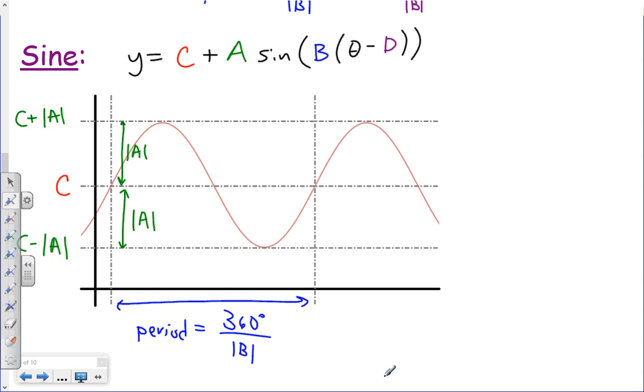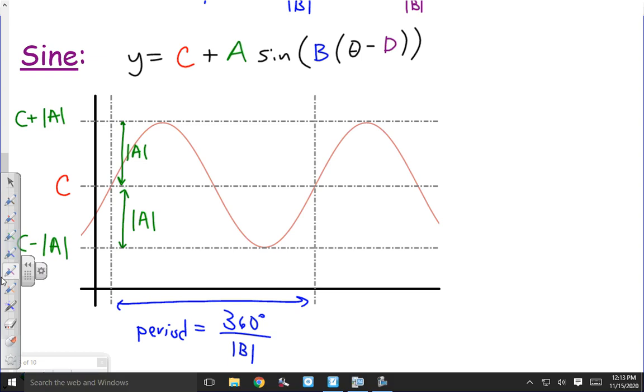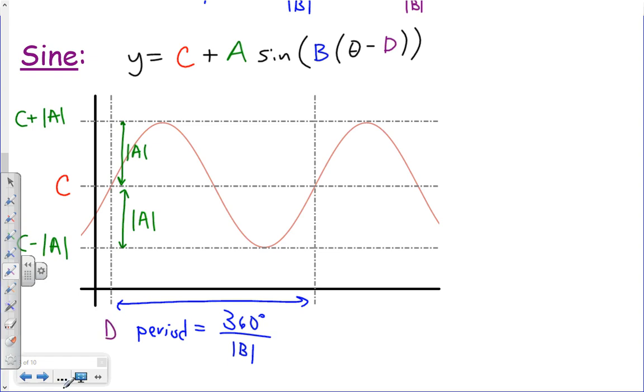The d value is different, though. The d value is our phase displacement, and for the sine function, I have to be crossing the sinusoidal axis and increasing. And so this is the value of d that I'm looking for. Notice that it's not this point right here, because at that point I'm crossing the sinusoidal axis, but I'm decreasing as I go through it.